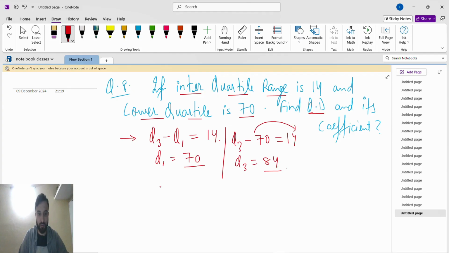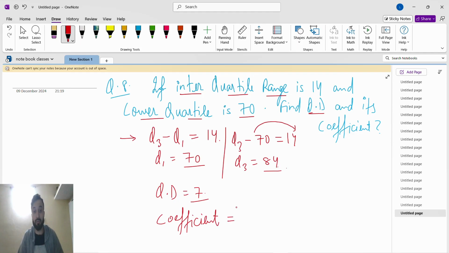You have to find the quartile deviation. The quartile deviation is (Q3 minus Q1) divided by 2: 84 minus 70 is 14, divided by 2 is 7. Then you have to find the coefficient, which is (Q3 minus Q1) divided by (Q3 plus Q1) into 100.